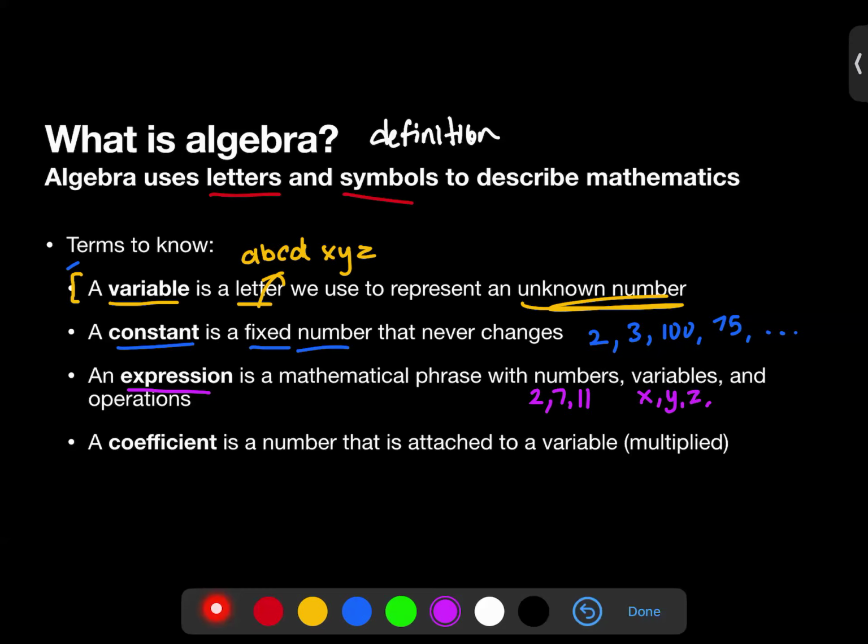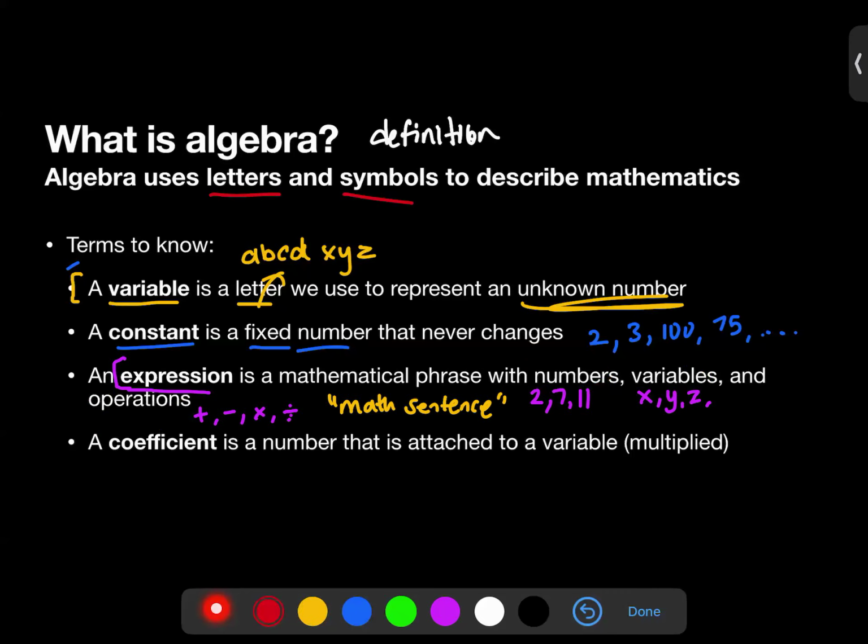And operations, which are plus, minus, times, division, etc. An expression is kind of like a math sentence. It's a mathematical phrase that consists of these things.